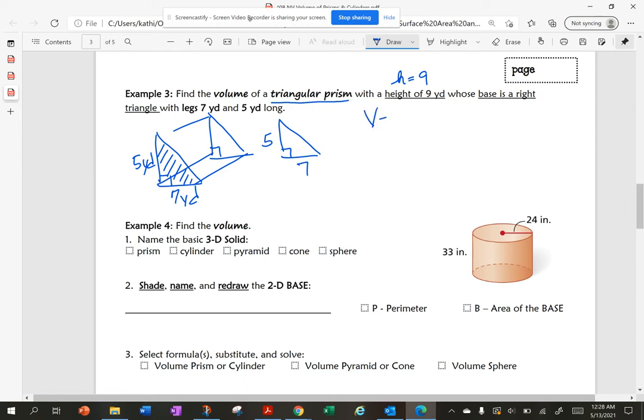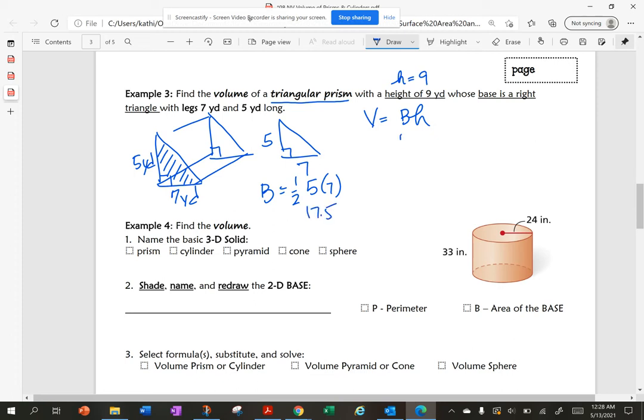So volume we said is B times H. The area is going to be 1/2 base times height, so 5 times 7. 7 times 5 is 35, divided by 2 is 17.5.